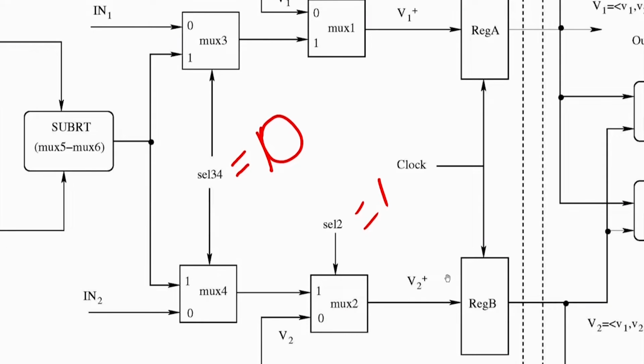But if it is 128 bit, reg A and reg B will each have 128 different flip flops to latch the values. But here we are modeling each as a single block. That is the beauty of abstraction in the register transfer level.